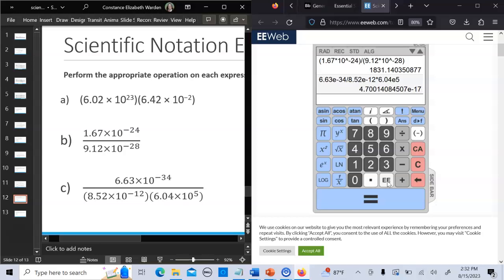We get 4.7 roughly times 10 to the negative 17th.